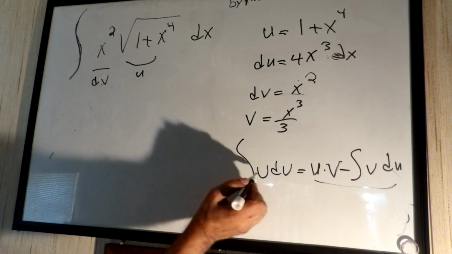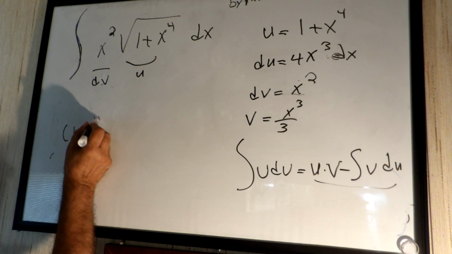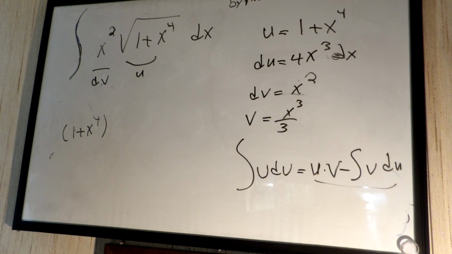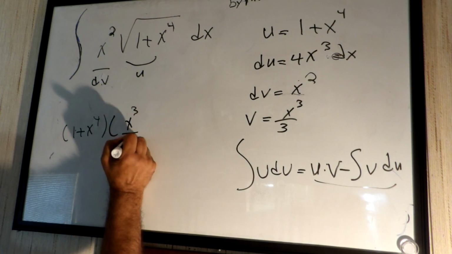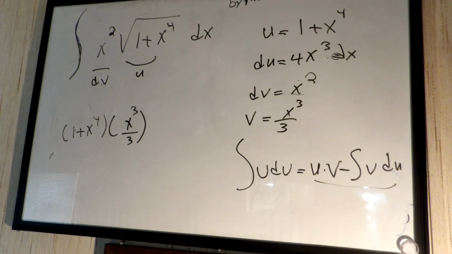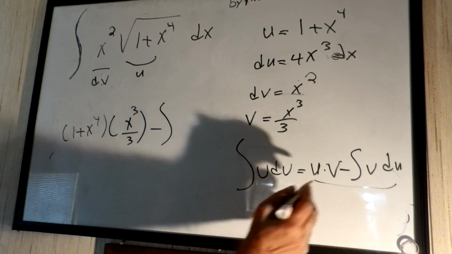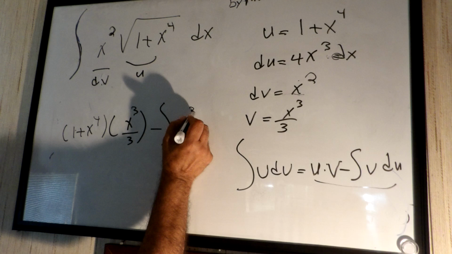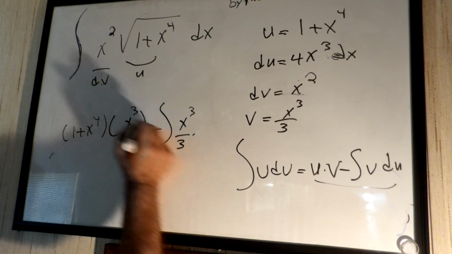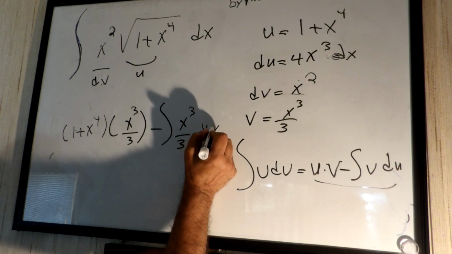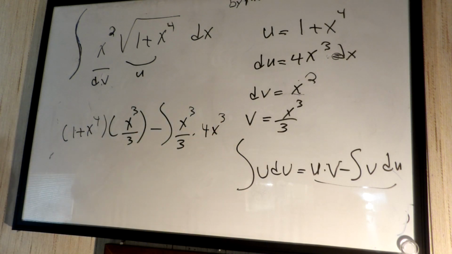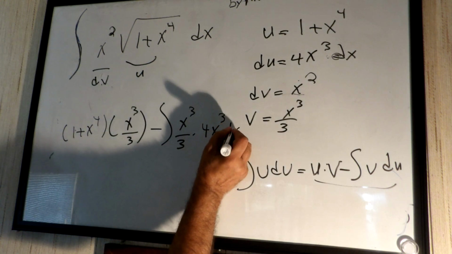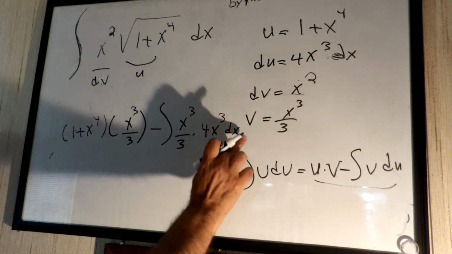We say u is 1 plus x^4 times x^3 over 3, and then minus the integral of v du, where v is x^3 over 3 and du is 4x^3 dx.